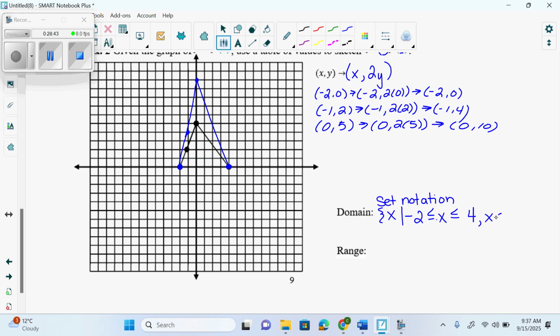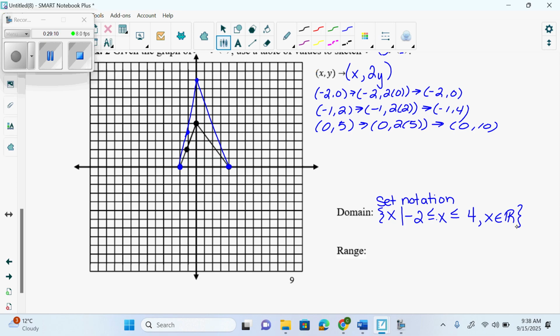Does anyone know why we do this, or you just do it because you're told? Why do we have to state that? What's a real number? Because every single coordinate between negative 2 and 4 can be found on this graph.